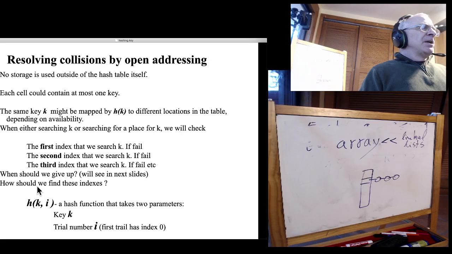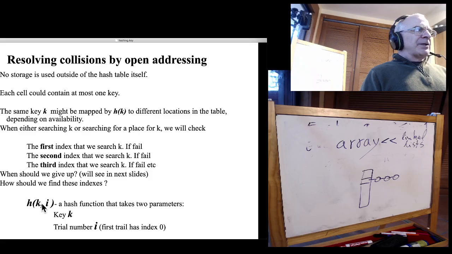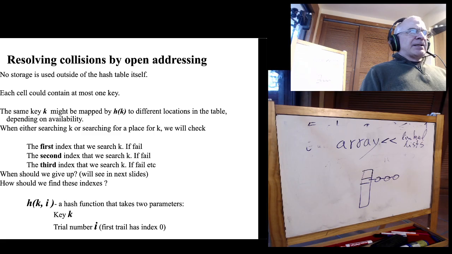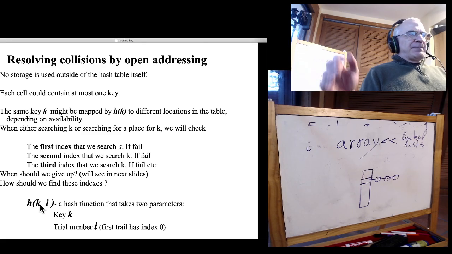Now it makes our hash function a bit more complicated, because now my hash function takes two parameters. It needs to take K as before, the key. Maybe it's long, maybe it's short, I don't care about it. In these examples, I'll get back to Ks that are just individual numbers, but they might be strings as well. And I have another parameter I, where I is the trial number.